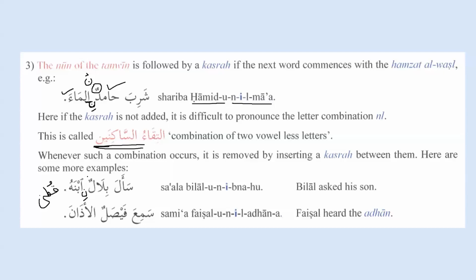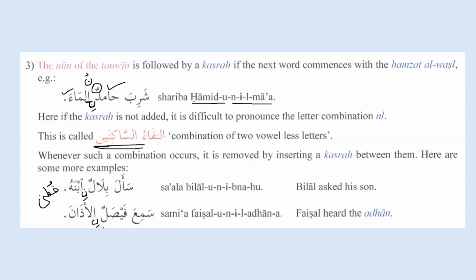The noun can end with dhammatan, fathatan, or kasratan, that's not a problem. But this noon will always be read with kasra. So sa'ala is the verb, Bilal is the doer of the action, and ibnahu is the receiver of the action. Bilal asked his son. And similarly, sami'a Faisalun al-adhana, and we will say sami'a Faisalun nil-adhana.